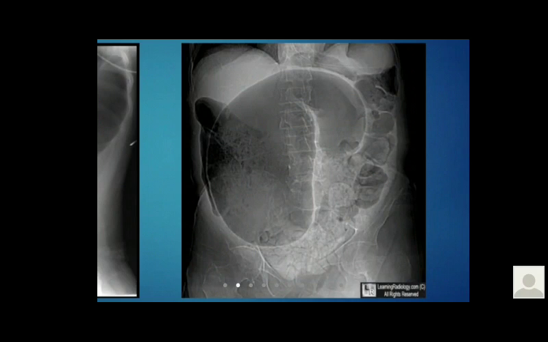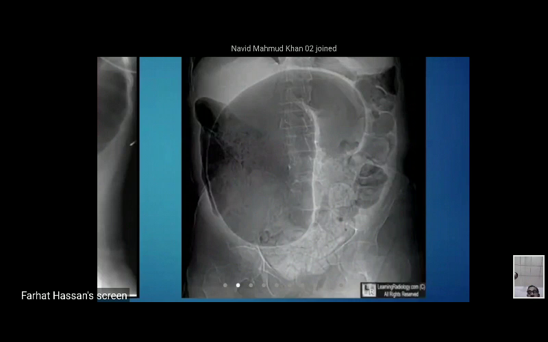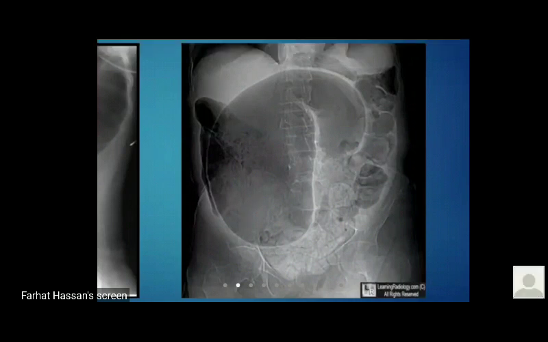So what are the types of volvulus? Sir, primary volvulus, secondary volvulus. Okay. Give some examples of volvulus, like sigmoid volvulus. Volvulus neonatorum, cecal volvulus, small bowel volvulus, gastric volvulus.